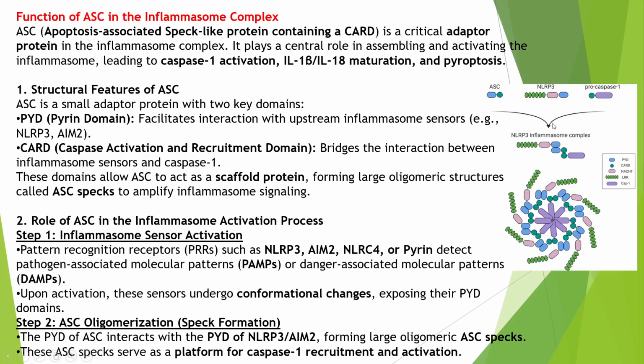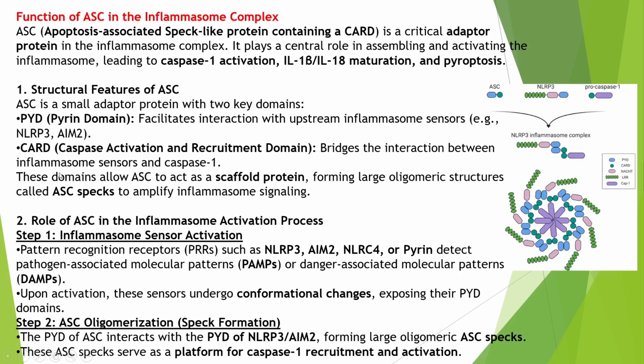Interaction between these leads to the formation of the NLRP3 inflammasome complex. Here you can see the interacting domains, the CARD domain in circular blue, the PYD in light blue. Then you also have your LRR and caspase 1, etc., all together interacting, and then oligomers of these proteins will form an inflammasome complex.